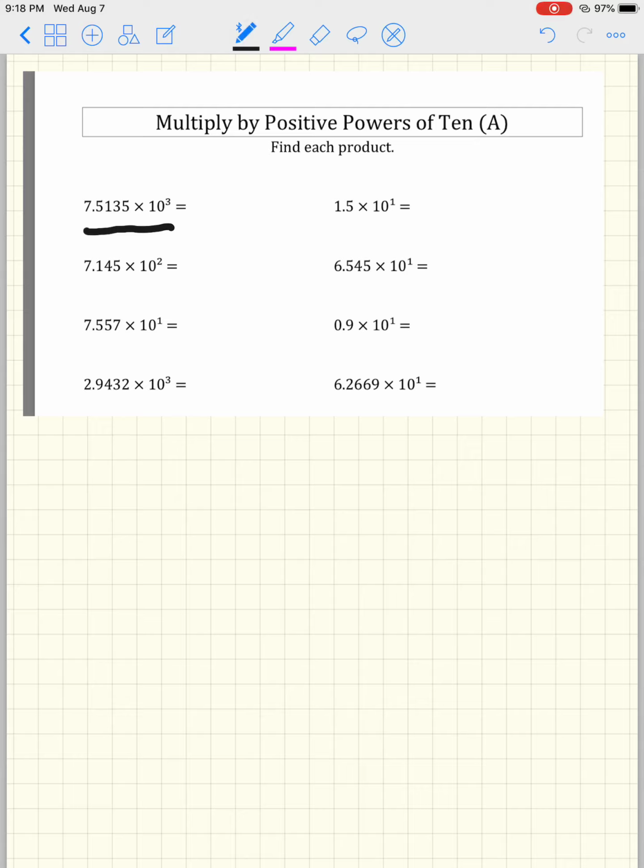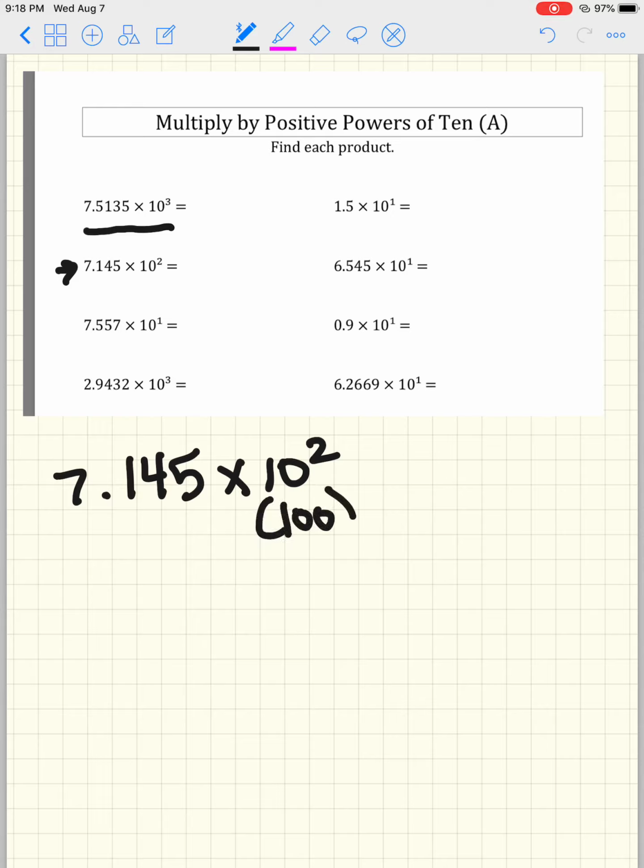Let's do the second one. 7 and 145 thousandths times 10 to the second power. So hopefully you look at that 10 to the second power and you know that you're multiplying by 100. 10 times 10. So you could look at those 2 zeros. How many places are you going to move the decimal? 2 times.